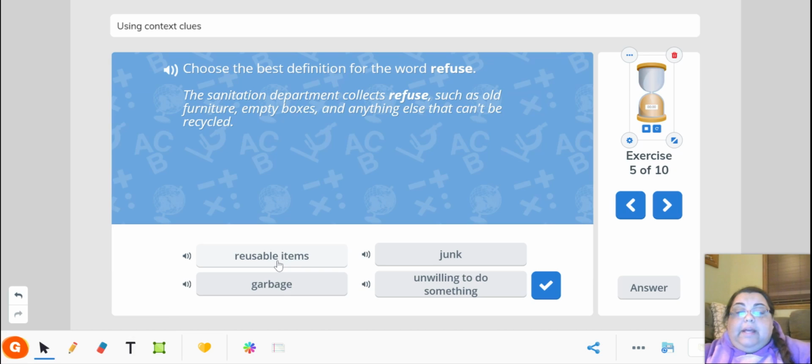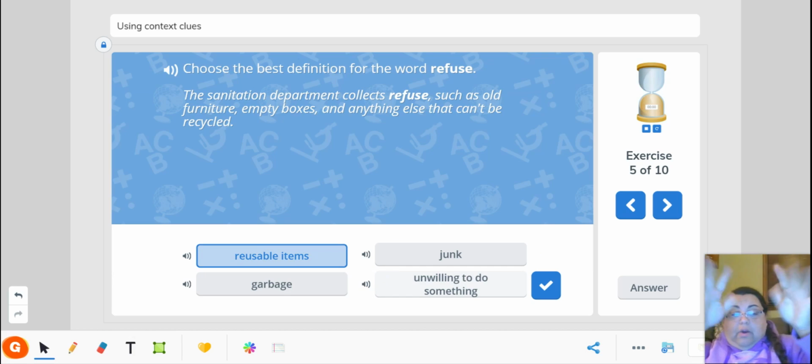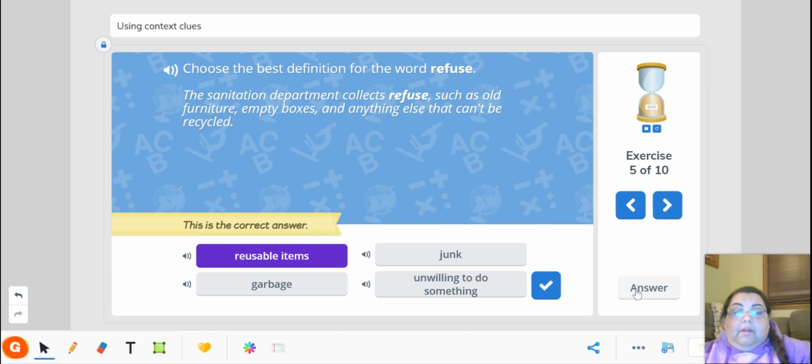All right, I'm going to select reusable items. If you chose reusable items, go ahead and wiggle your fingers, raise your hand. That is the correct answer.